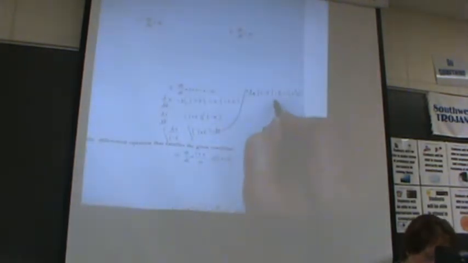Exponentiate each side. We'll have 1 minus x equals e to the t times e to the 1/2 t squared plus c.